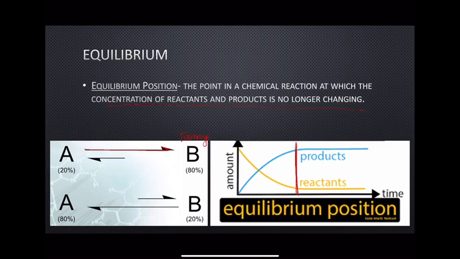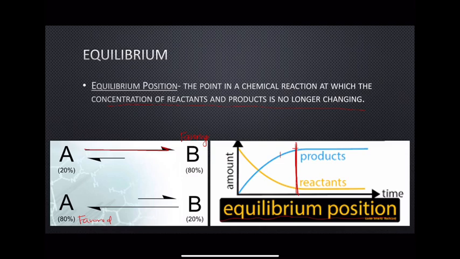Now, eventually it might level out once it gets to that equilibrium position, but right now we're forming more products than we are reactants. We haven't gotten to that equal level yet, okay? Versus down here, A is favored. There's more B converted to A than there is A converted to B. And the size of the arrows indicates that, okay?